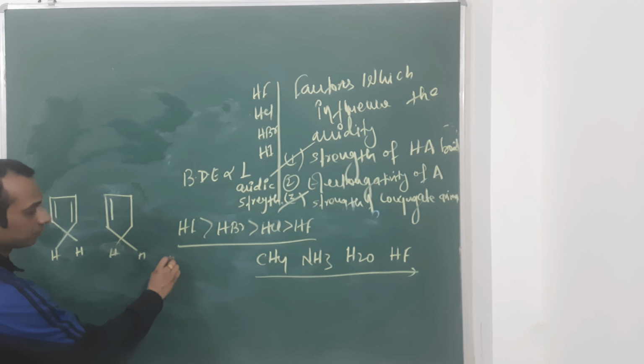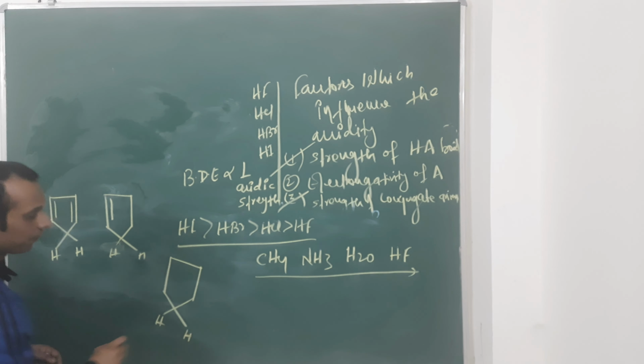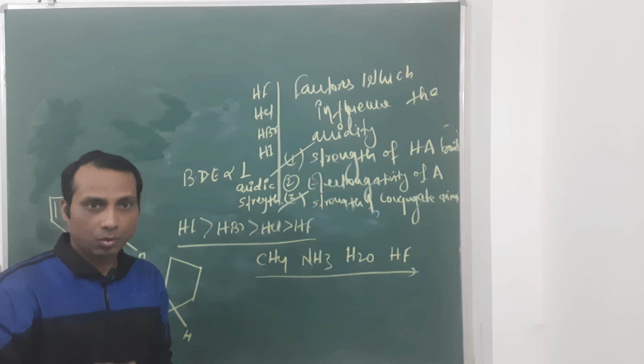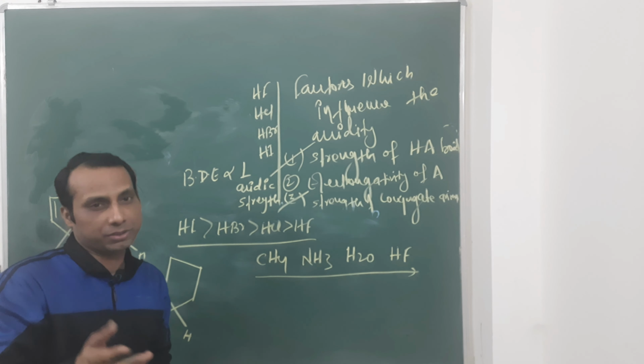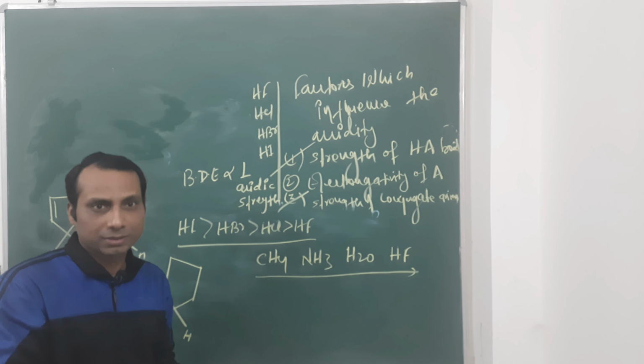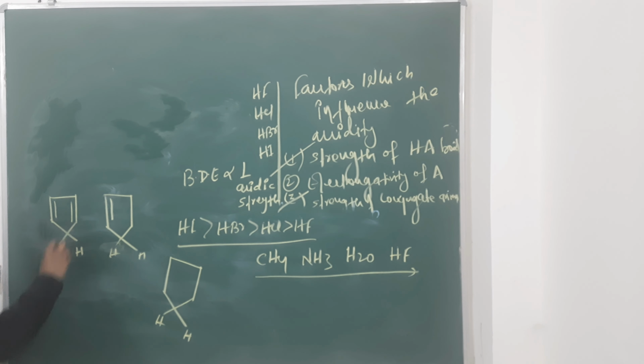The third has one hydrogen. In all three compounds, remove the hydrogen, because acidic strength means how fast the hydrogen will be released, and how much positive charge is on the hydrogen. Suppose the hydrogen is released, what will happen?